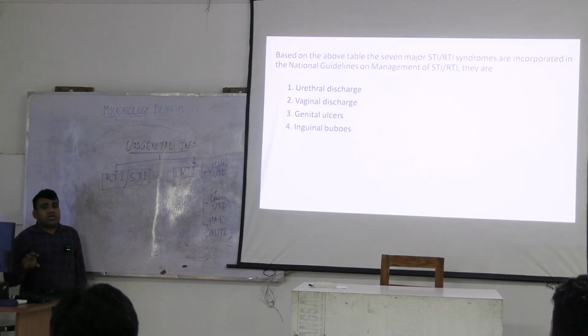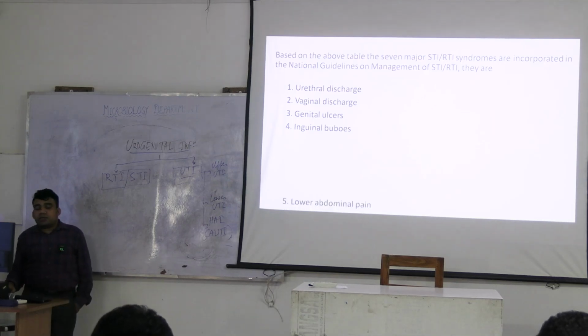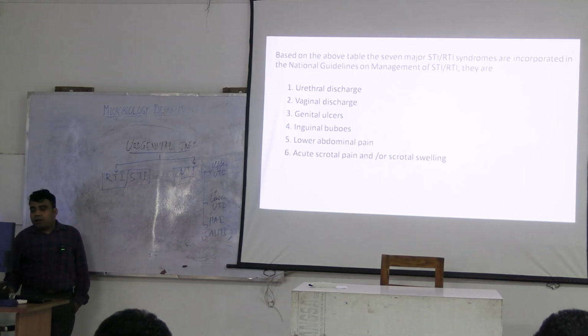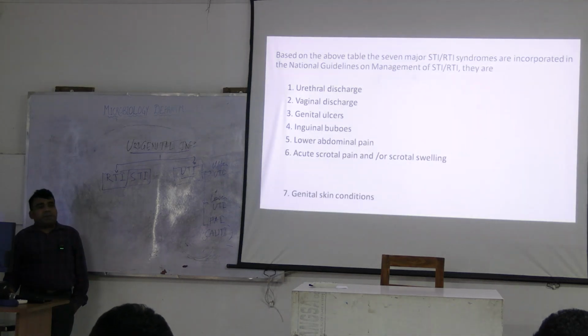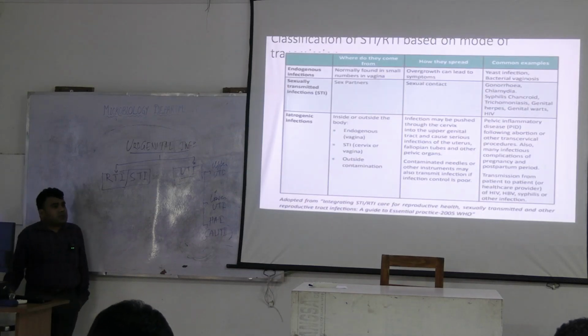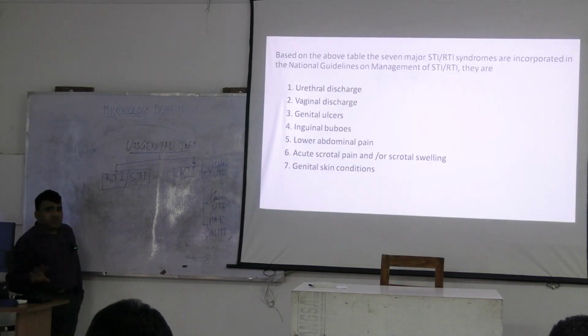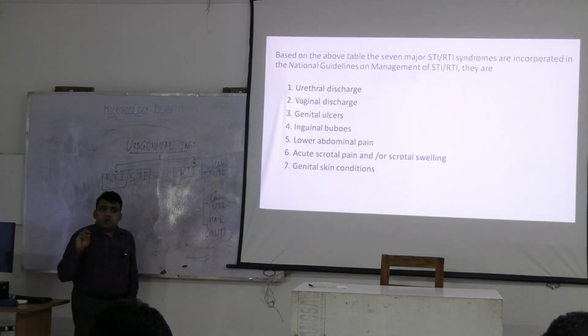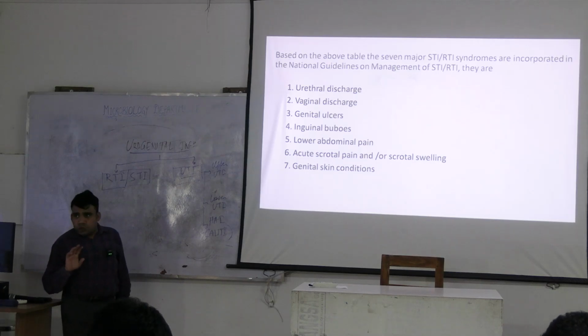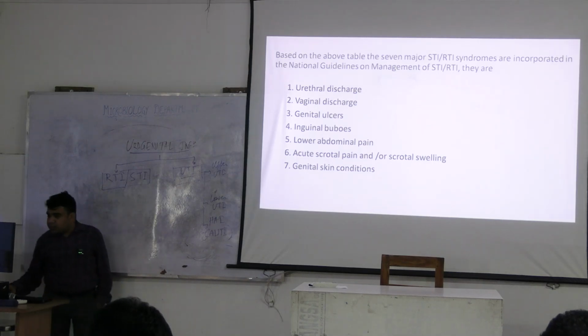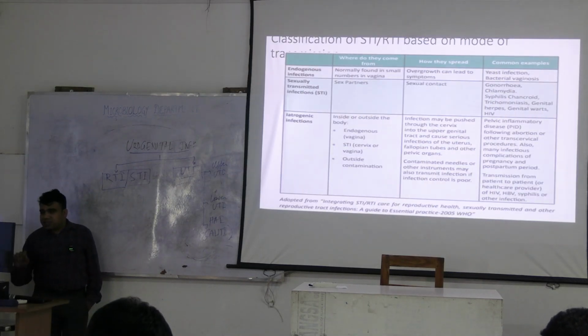Inguinal bubo means swelling of the inguinal lymph nodes. Next, lower abdominal pain, acute scrotal pain or scrotal swelling, and genital skin conditions. So these are the 7 kinds of manifestations with which a patient may present to you. Based on that, you have to classify.